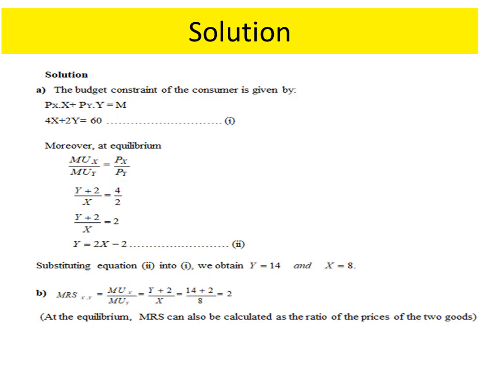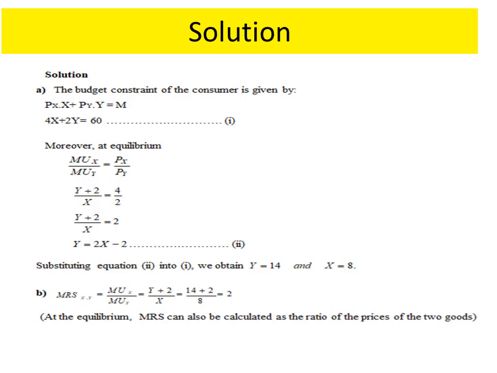The solution for A: the budget constraint of the consumer is given by price of X times quantity of X plus price of Y times quantity of Y equals our income. This is the maximum income we have to purchase these two products, M. Here, 4X + 2Y = 60.